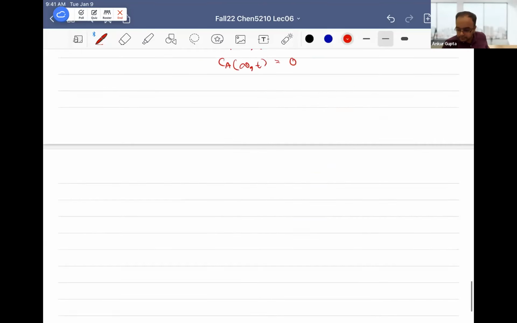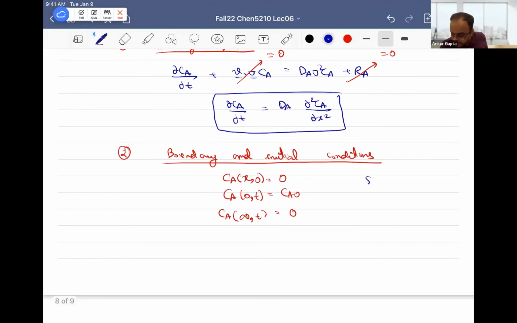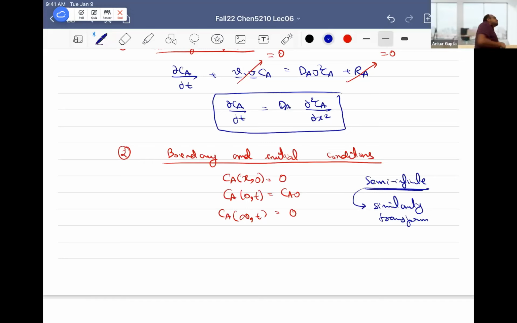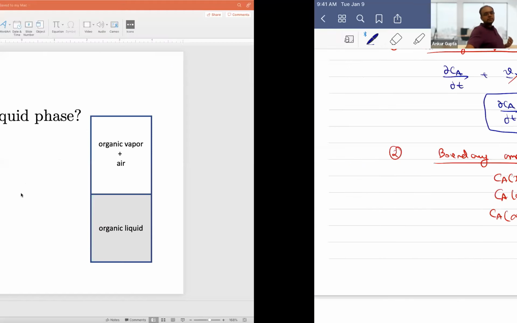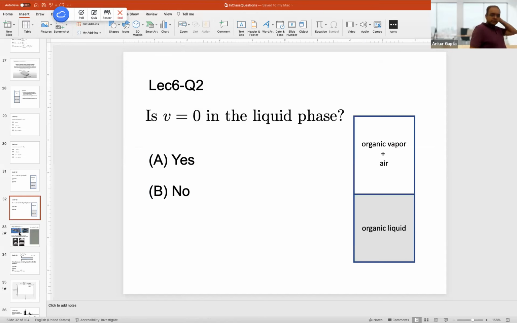Okay. So when you see a semi-infinite system, think of similarity transform. Over the years I have seen that students sometimes don't find this very intuitive, and don't find it an easy method, but if you think about it, it's actually not that complex.